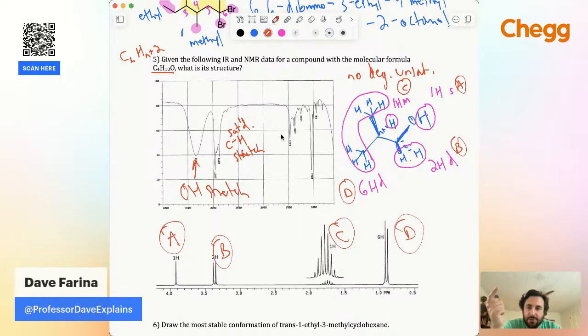Once again, what did we do? We looked to the IR. First we looked at the molecular formula to figure out the number of degrees of unsaturation. It fit the CnH2n+2 formula, so no degrees of unsaturation, no pi bonds, no rings. Then we looked at the IR and we said there's a hydroxyl in it. This is an alcohol. We drew the 4 possible 4-carbon alcohols, right?